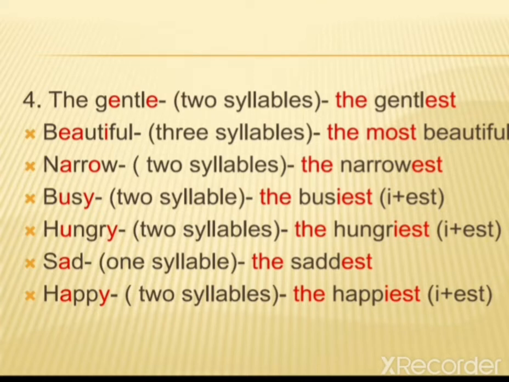So when we do this, the first thing that I would do, even before I count the syllables, is look for any of my adjectives that end in a y. As soon as they end in a y, it's always iest, and this is very easy to remember. And remember one thing, don't forget to remove y when you are going to add iest.